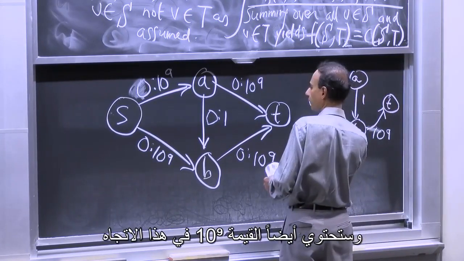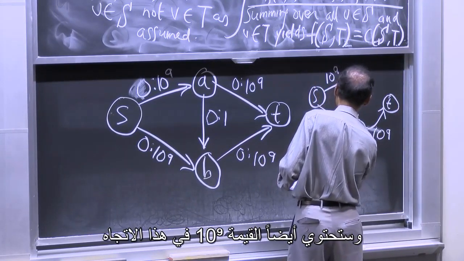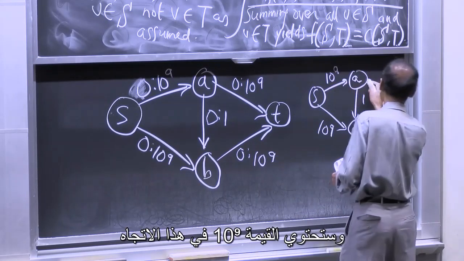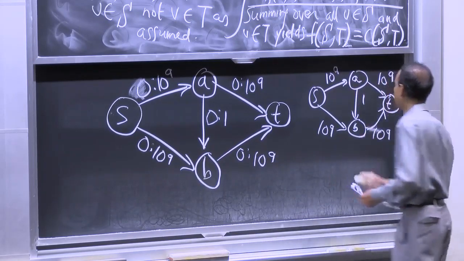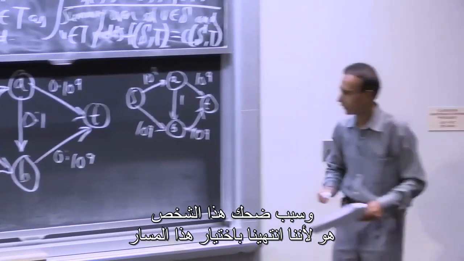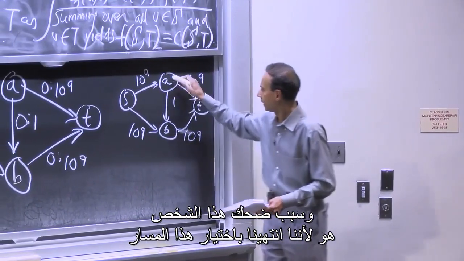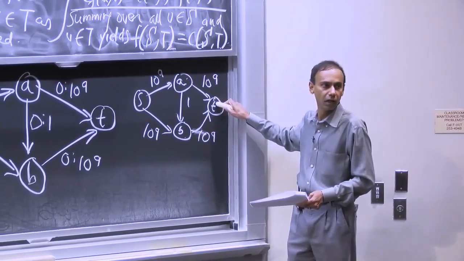It's also going to have 10 raised to 9 this way, and 10 raised to 9 this way. And the reason the gentleman was laughing is because we ended up picking this path.